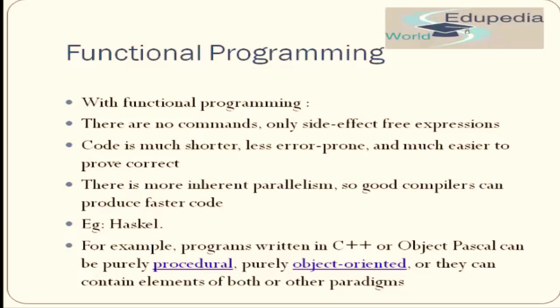Other languages like C++ and Object Pascal can be purely procedural or purely object oriented, or they can contain elements of a combination of programming paradigms. So I will state that languages like C and C++ are multi-paradigm programming languages, so they support features of multiple programming paradigms.